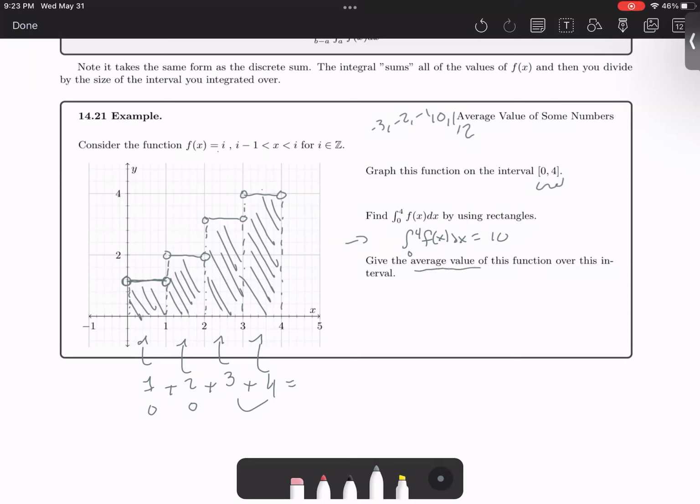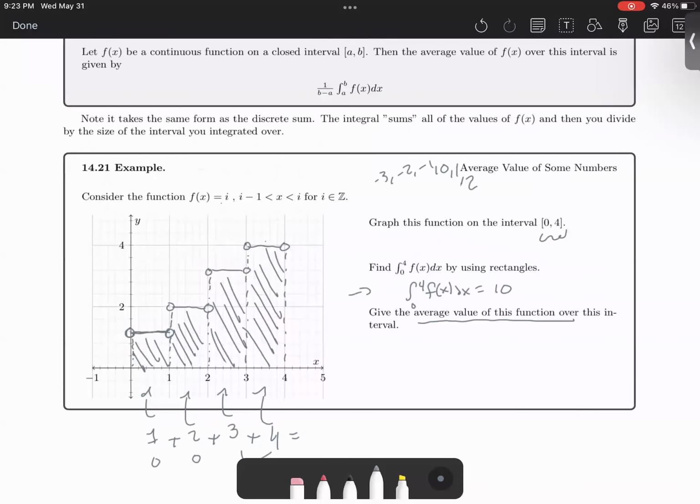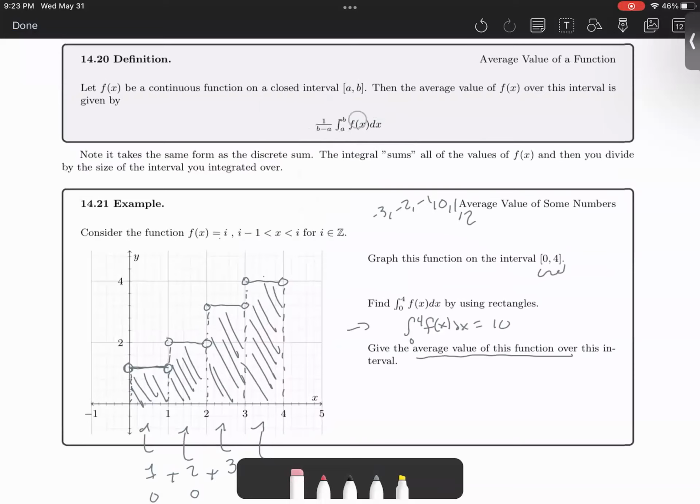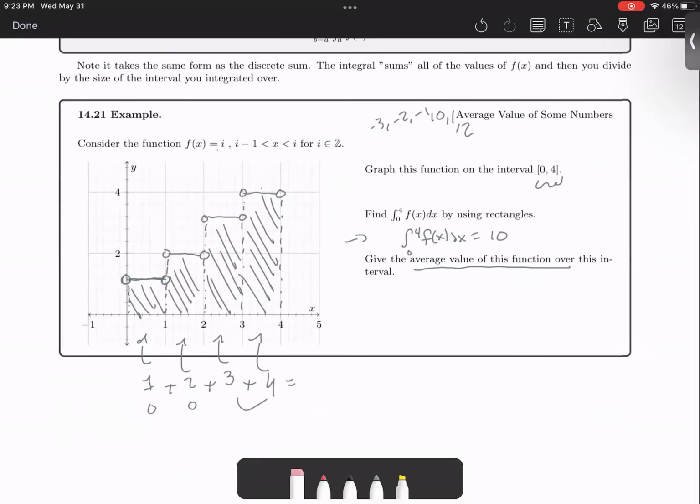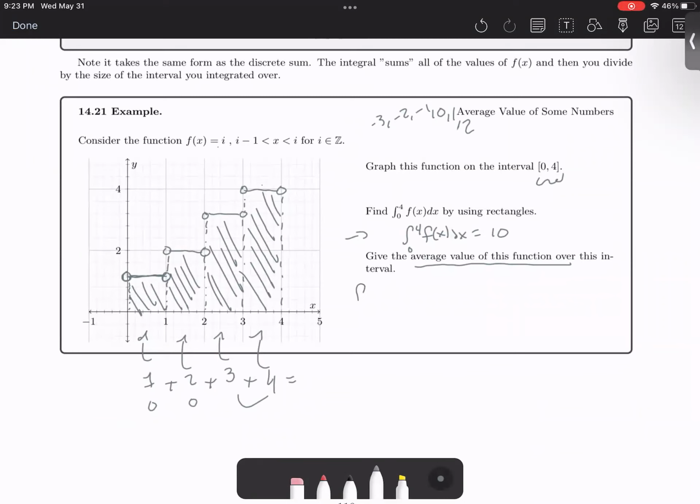All right. Now give the average value. So this definition up here, or yeah, that's the definition. Might be a theorem, but the average value, so let's denote that by f bar over the interval 0 to 4, is given by the integral from 0 to 4 underneath the function divided by b minus a, which in this case is 4, right? 4 minus 0.